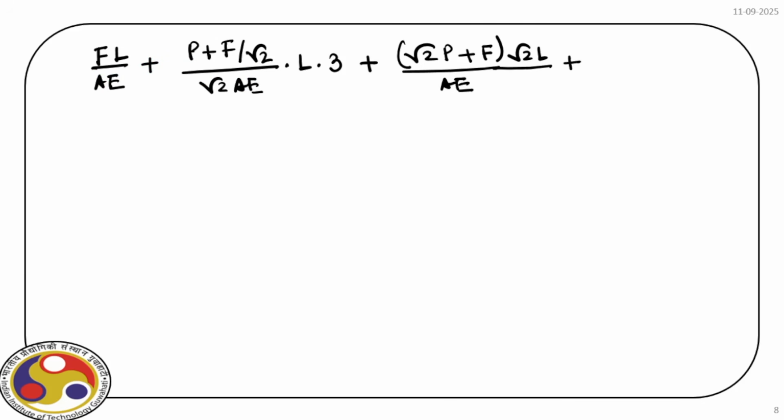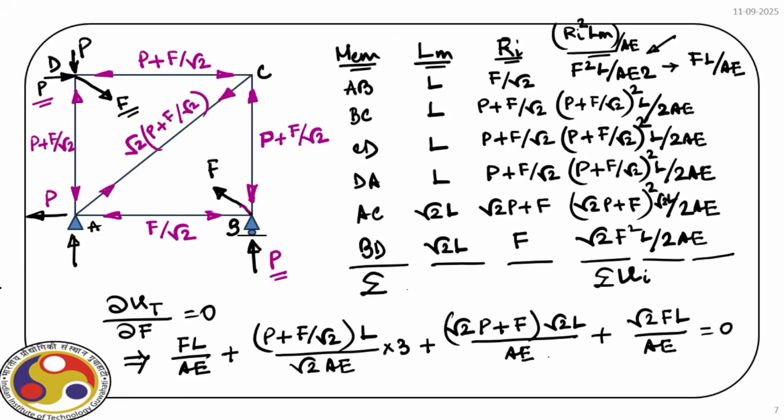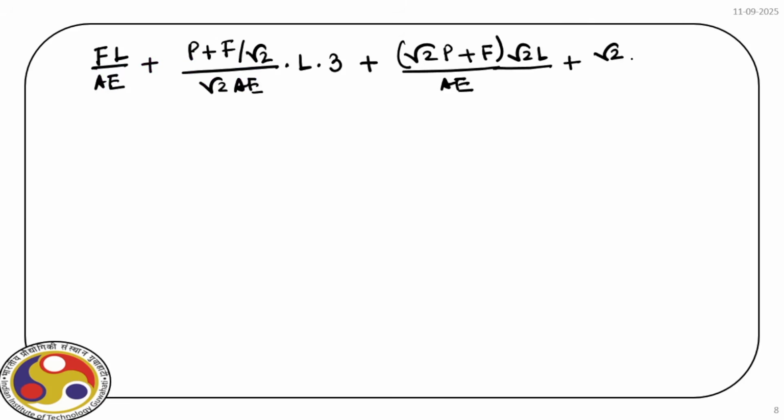Plus the last one, root 2 FL by AE. So this is equal to 0.